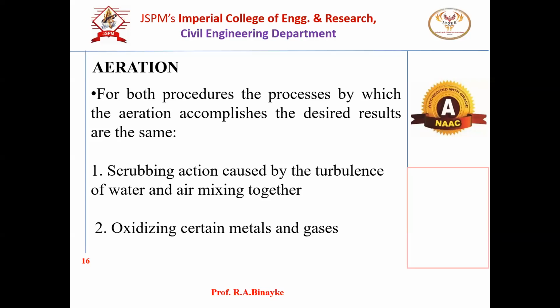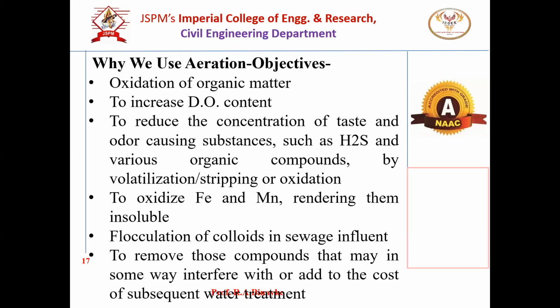So oxidizing the metals ferrous as well as manganese is carried out. This is to be focused on in the aeration process. So what do you think, what are the objectives of aeration?